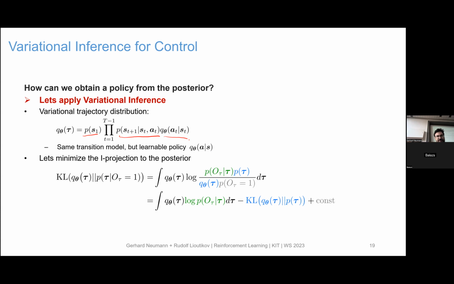And then we can basically do the standard thing that we did before, which is minimizing the I-projection between Q and the posterior.